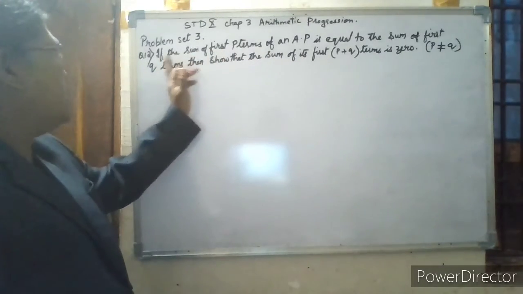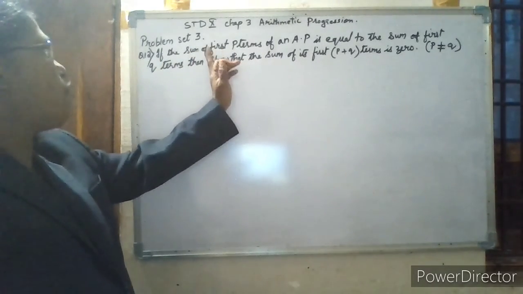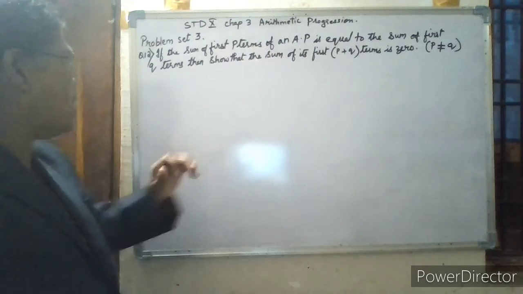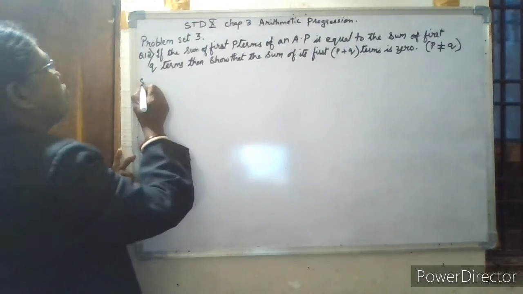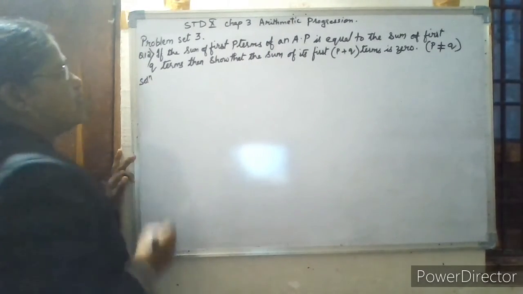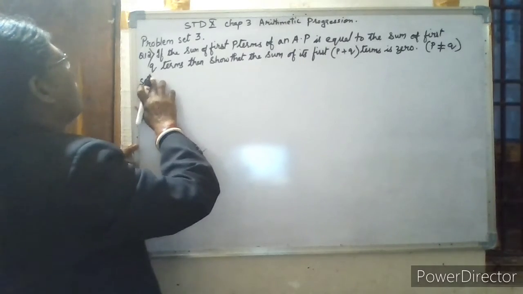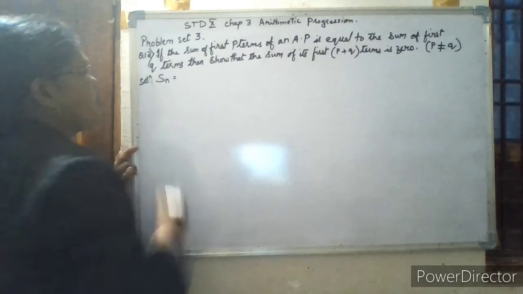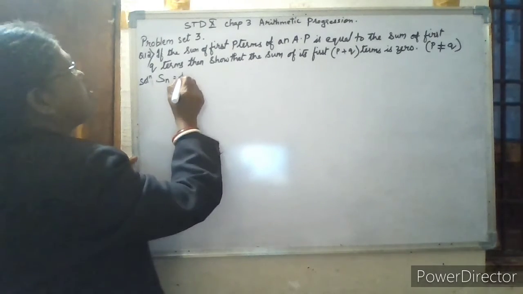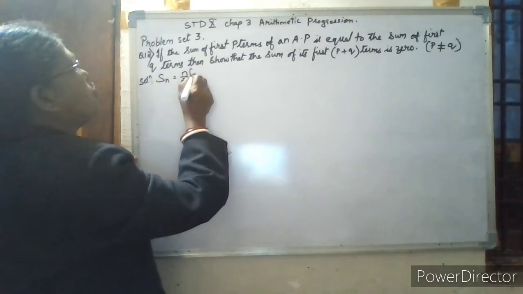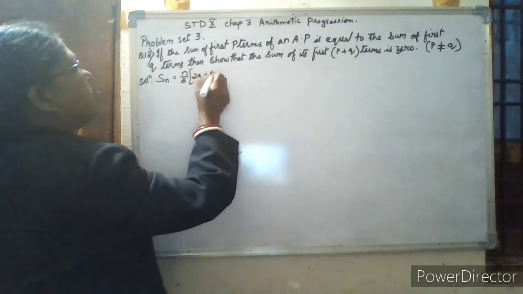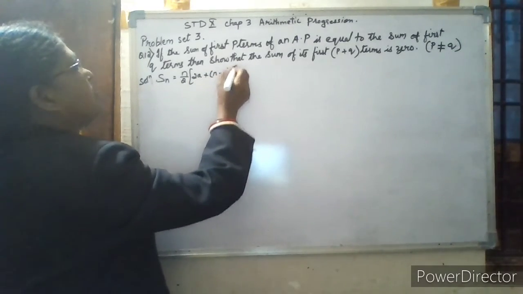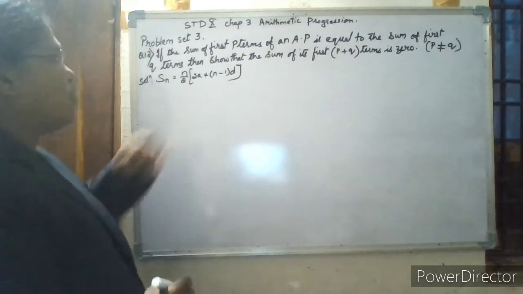Now it is given that the sum of first p terms of an AP. So it is based on the sum of terms of an AP. For the sum of n terms, use this formula: n by 2 into 2a plus n minus 1 into d. This is the formula which you have to use.